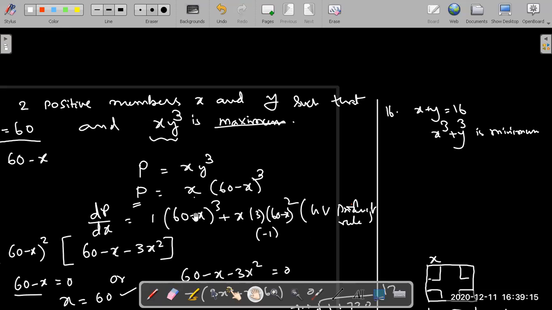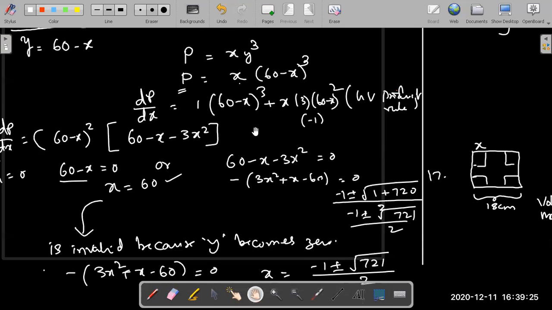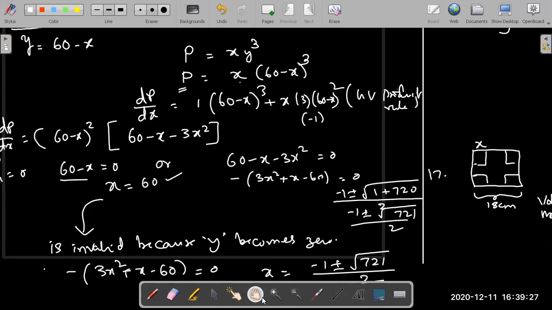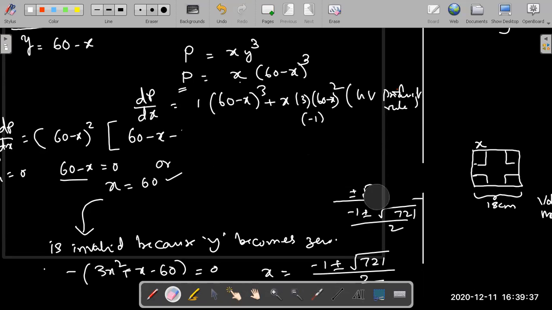Then you got 60 minus x. Then you got, oh, minus 3x, not minus 3x square. Yep, there's a small mistake here. So this entire thing is not correct.